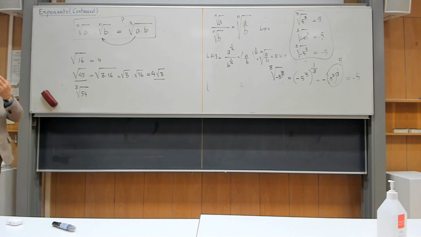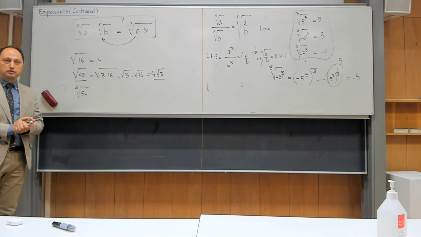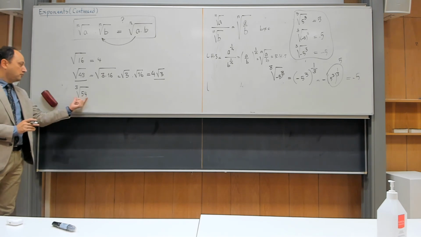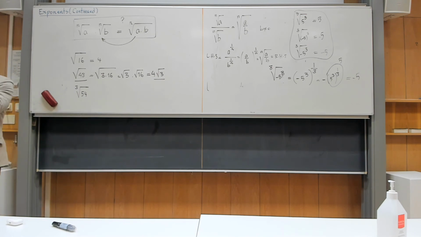The third power of 4 suddenly becomes 64. So this number is somewhere between 3 and 4. So this is not my point. My point is to simplify this. So what is that? How can you simplify this?